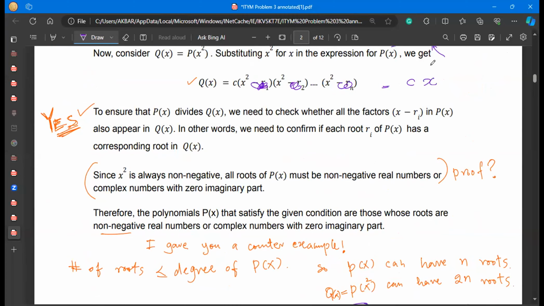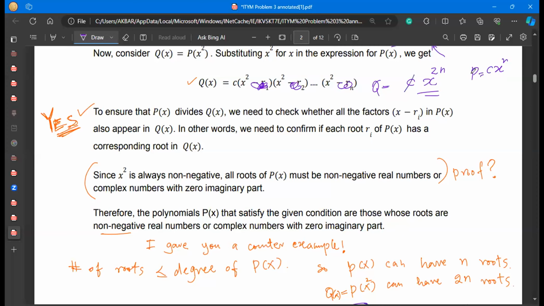times x to the power 2 times n. If p is equal to c times x to the n, this is the case when p of x will divide q of x, right? Because this is obvious, we can always divide this.